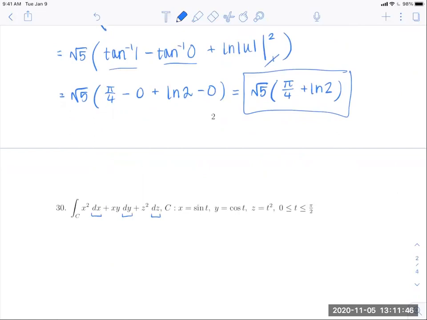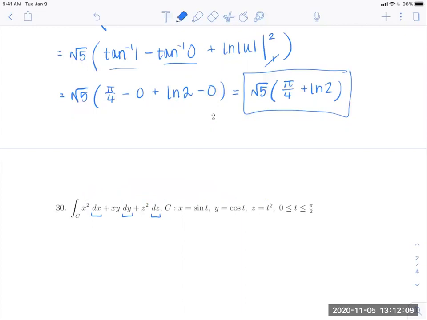One, we need to remember to evaluate each of these component functions at x, y, and z. And then for each of those differentials, we need to tack on the derivative of each of those component functions. So let me just clean this up here.